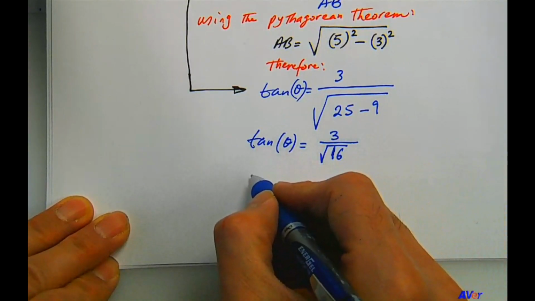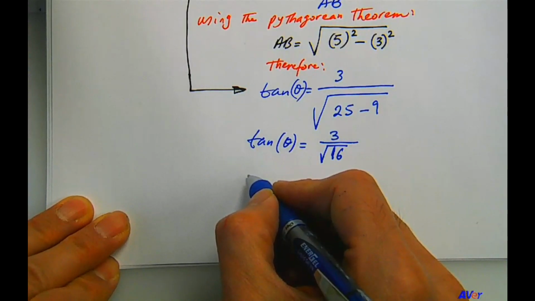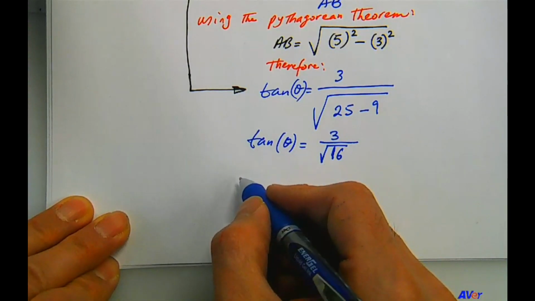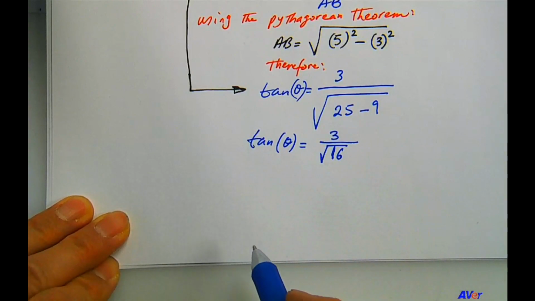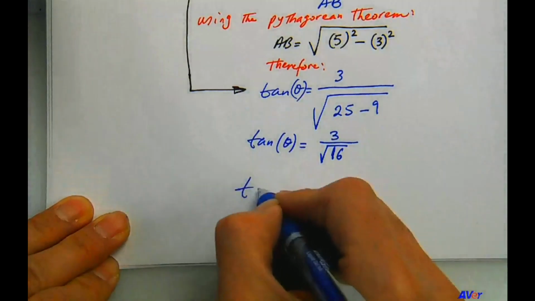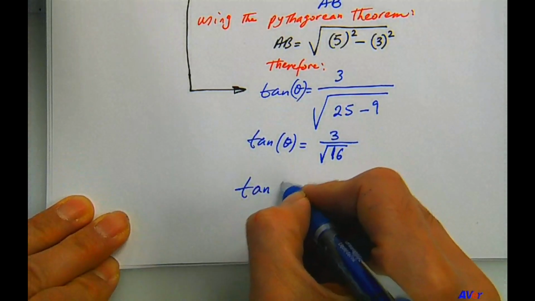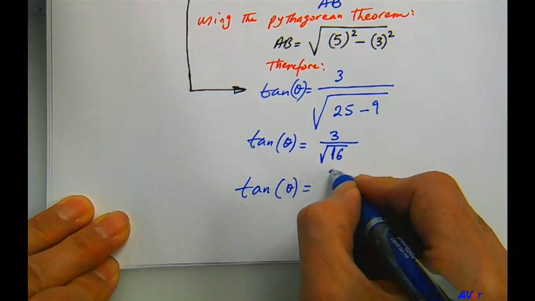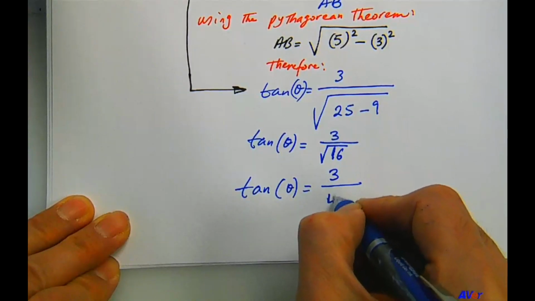And that is the tangent of theta. So tangent of theta is equal to 3 over 4.